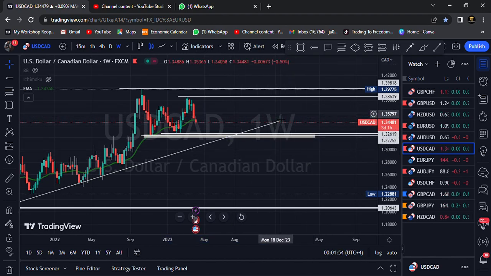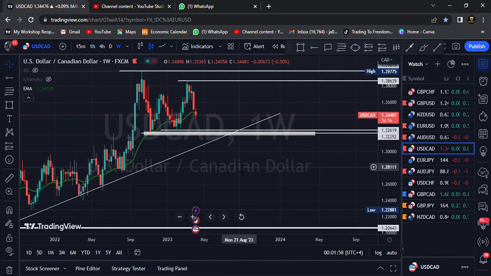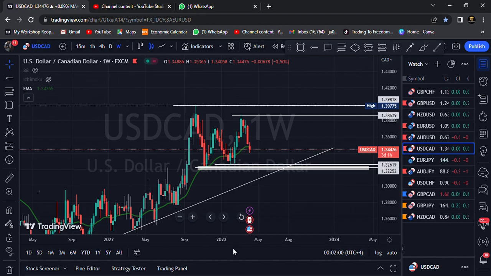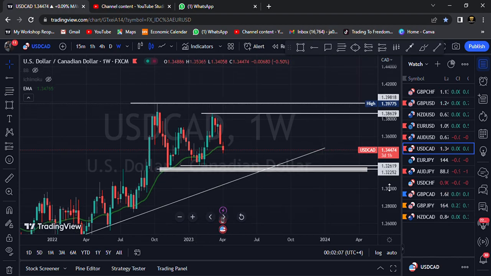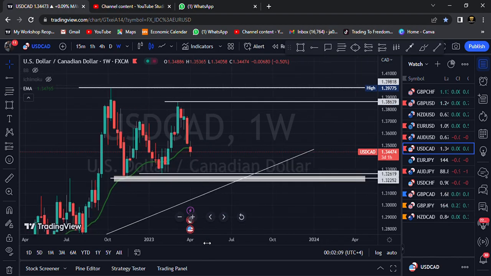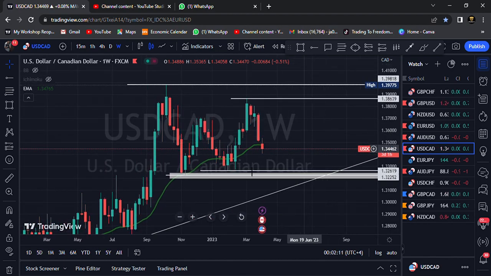Okay, so what we are trying to make out here is there is kind of a double bottom here. I think that's what I saw in my previous analysis of the same pair. There was a kind of a double bottom here, and the market actually broke the neckline.